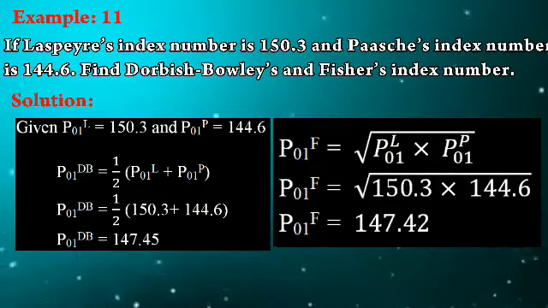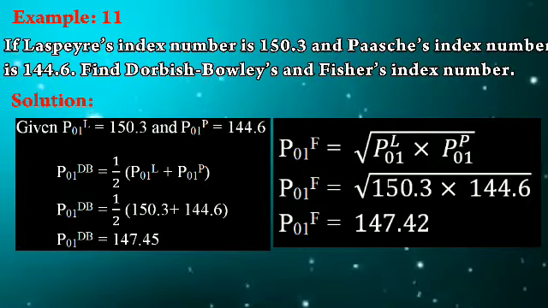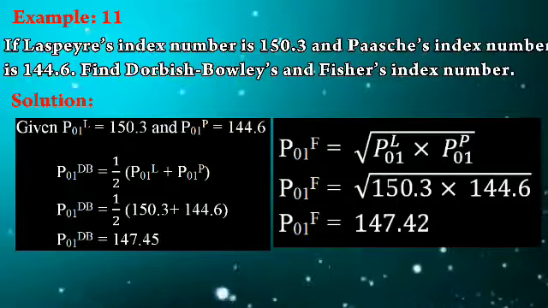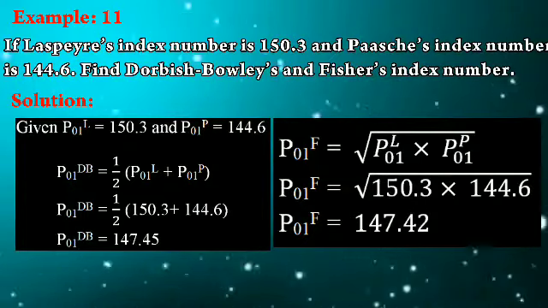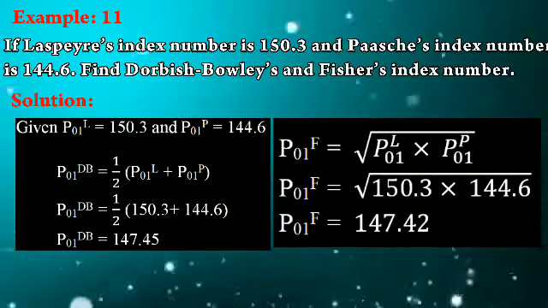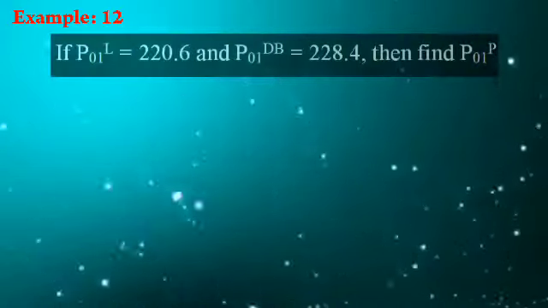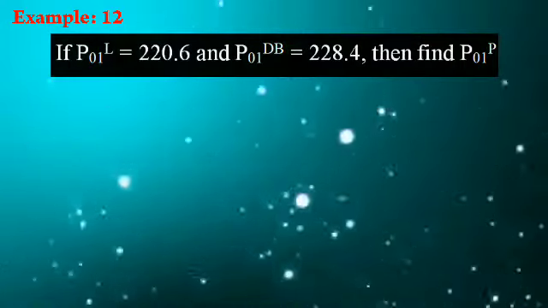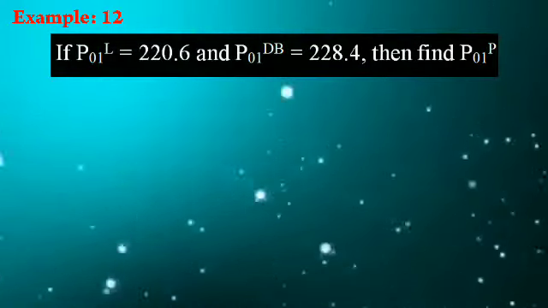After that simplify and get the final answer. Multiply the two values, then take the square root of that and you will get Fisher's price index number, which is 147.42.